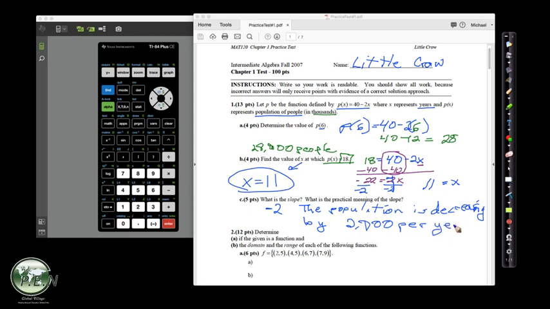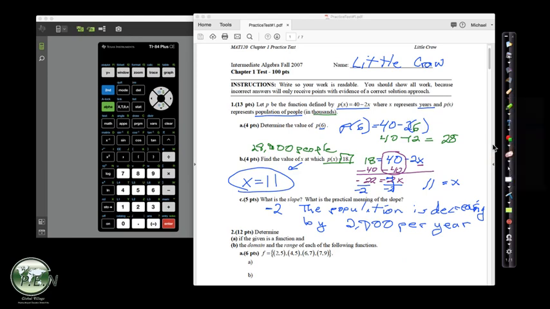So you use the units from the slope. Notice the x value is years, that's the bottom of the fraction. The population of people in 1,000s, 2,000 people per year. I suppose I should have put 2,000 people, but we're talking about population, so that's okay. Okay, so far so good, I hope.